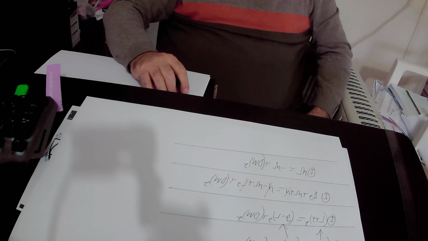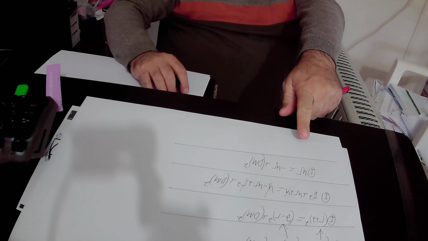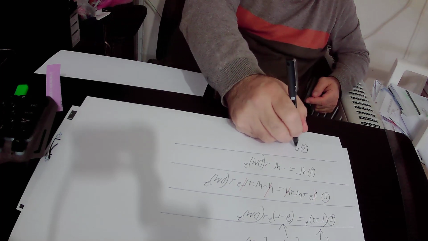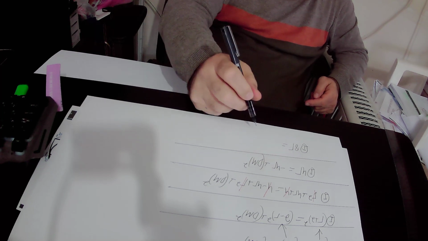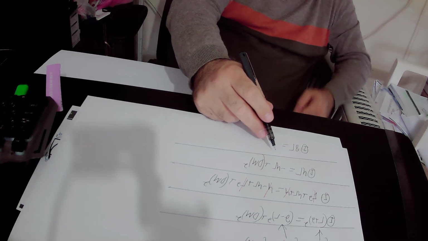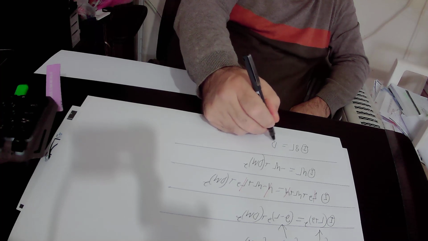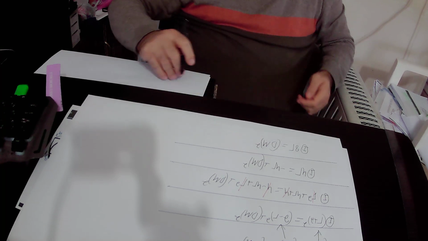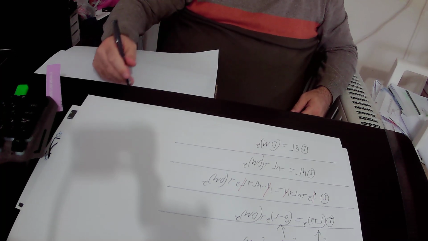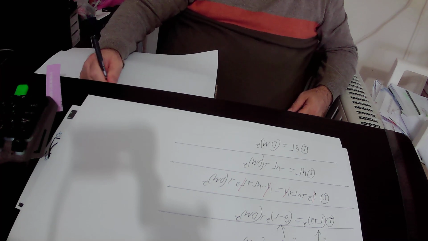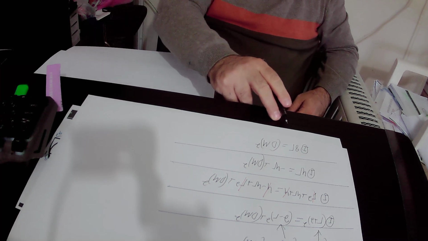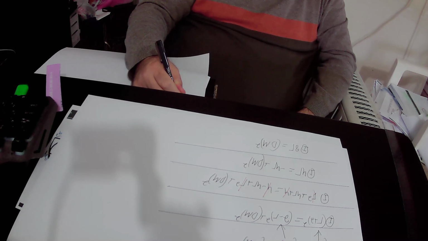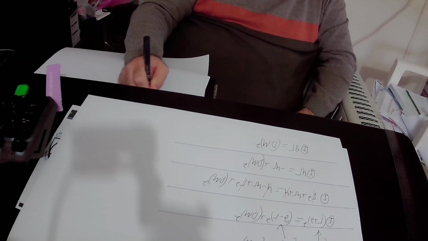So here we will add 4R to this equation, and we will get that 4R plus 4R is 8R equals, 4R minus 4R is 0, so DM square. Here we will take a root out of equation number 1, and we will get that DM equals the square root of 8R.